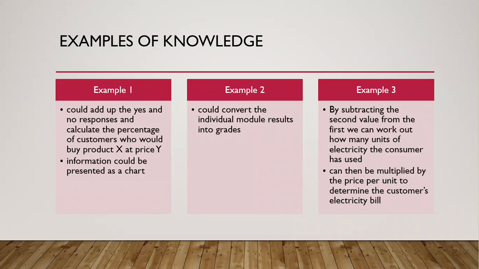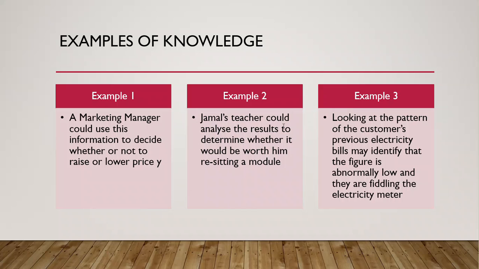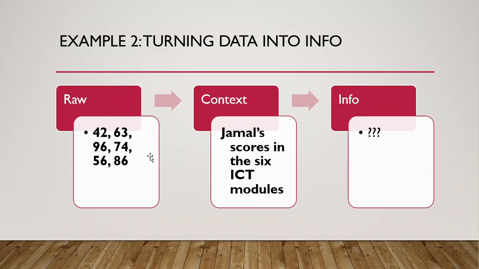Okay, Jamal's teacher could analyze the result to determine whether it would be worth it for him to resit the module. So the teacher will analyze whether the marks are satisfying or not, to decide whether Jamal needs to resit a module.